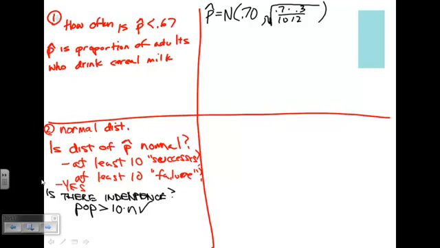Again, we're using that formula, sigma of p hat is equal to the square root of p times 1 minus p over n. All right? You want to calculate what that real number is? Can someone take the square root of that whole yucky stuff?